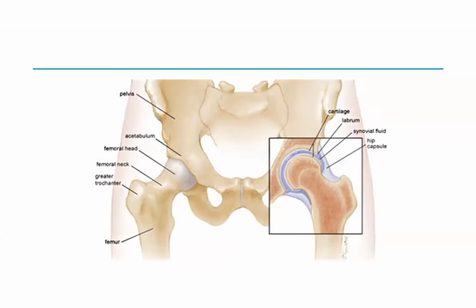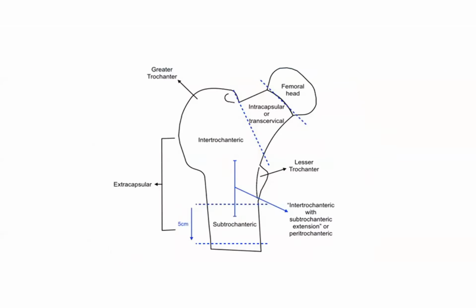It's important also to notice, as you can see on this slide, that there's a capsule that surrounds the hip, and that capsule is responsible for a lot of the nourishment and the blood supply to the femoral head. So any injury that takes place within what is labeled on this slide, the intracapsular, or within the neck, is an intracapsular fracture, because it's within the capsule boundary.